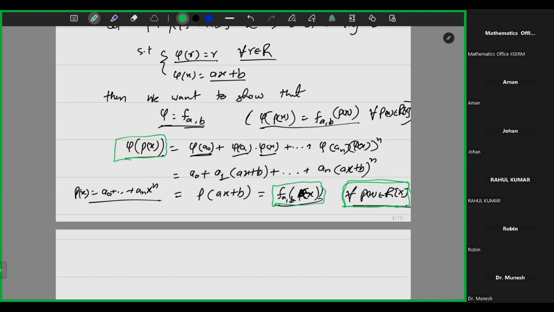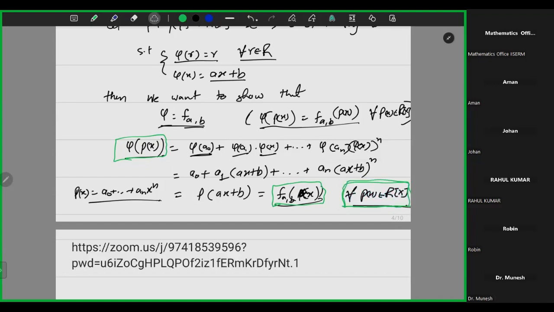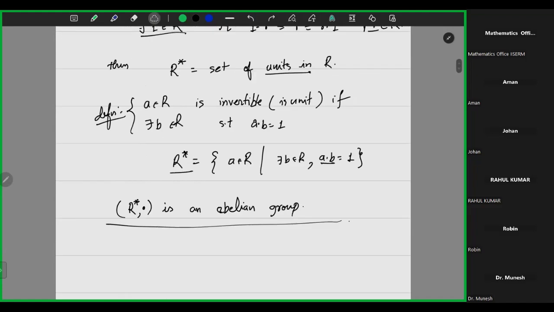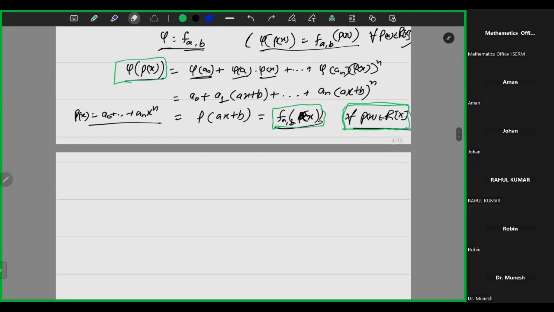I should write here that a similar proof holds for general p(x). So I think I should not write it here. But this is true if p(x) is anything.